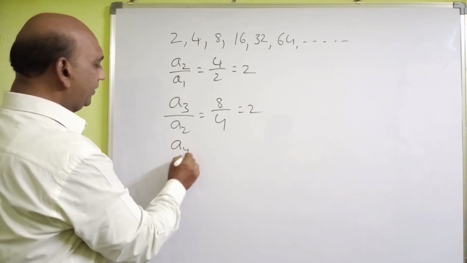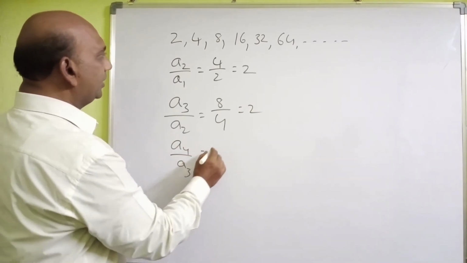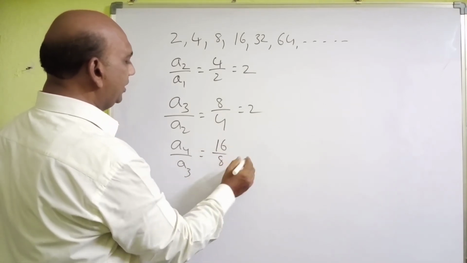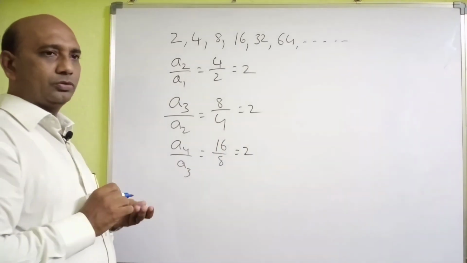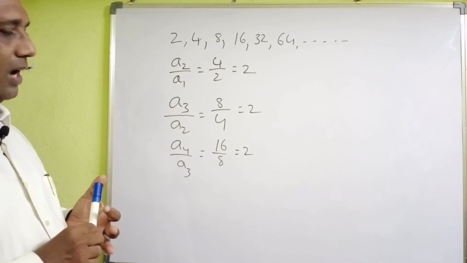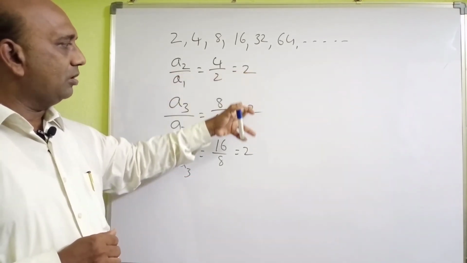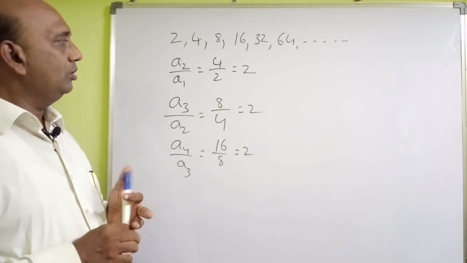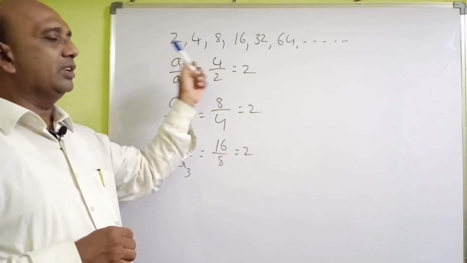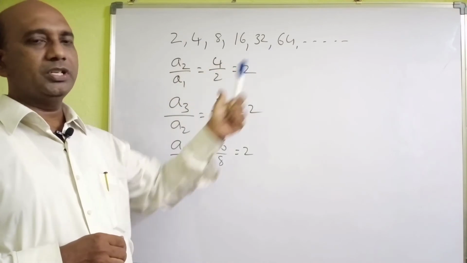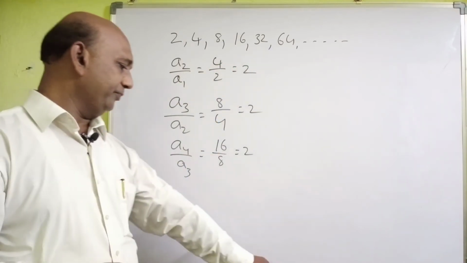Like that, a4 by a3 is 16 by 8, which is also equal to 2. Like this, if we calculate all these terms and the common ratio is constant, we can conclude that the given progression is a geometric progression.